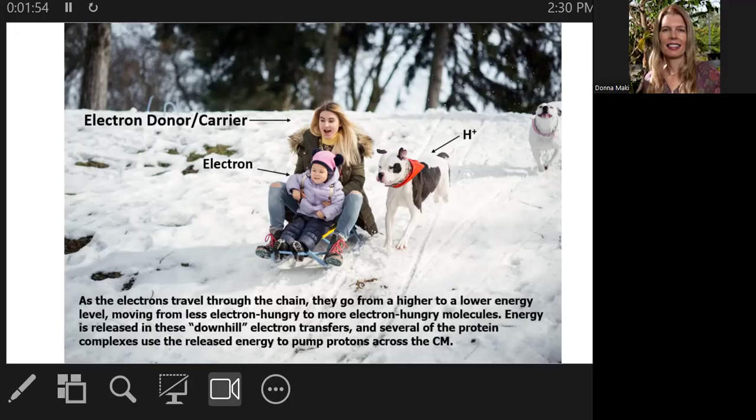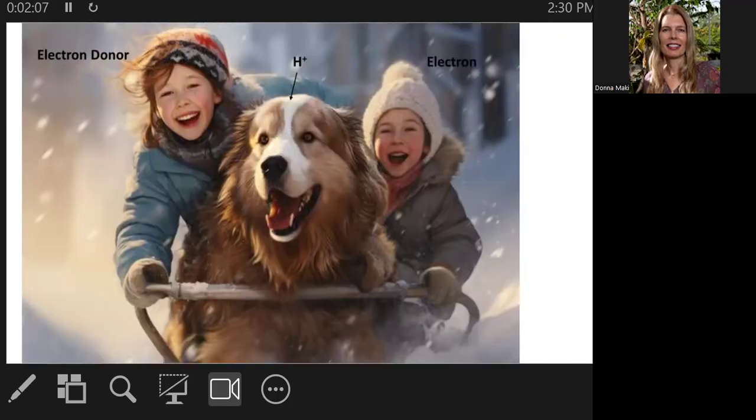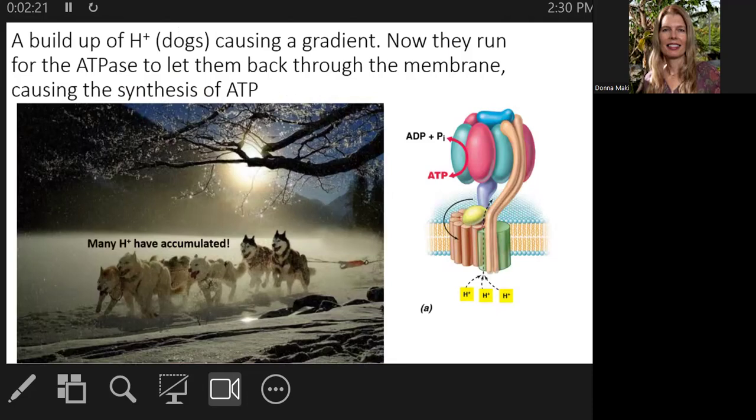If the dog can jump onto the sled, that's that little bit of free energy now available to get that proton pumped across the membrane as the electron is passed down the chain. If the dog is successful and jumps on that sled going downhill fast, that's the free energy. He's like, I'm getting a free ride, and I'll be able to get pumped across the membrane.